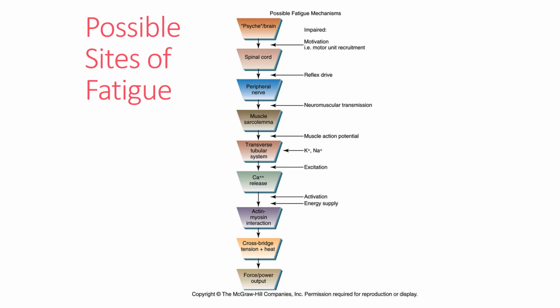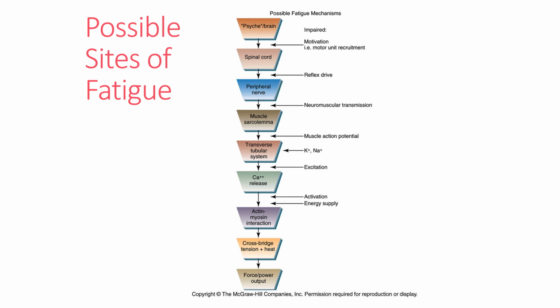So that is greatly affected. Also, our ability to send action potentials might play a role. Our ability to excite the muscle cell itself may be an issue, and calcium release as a result of that may be an issue. Actin and myosin interaction.